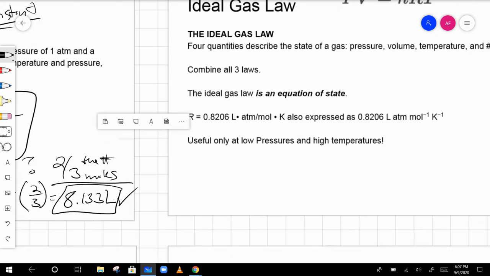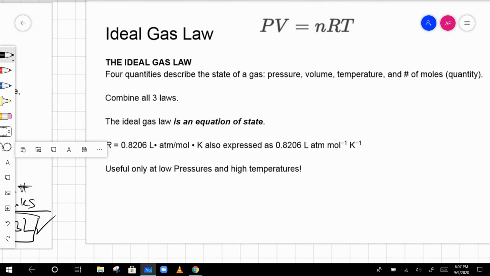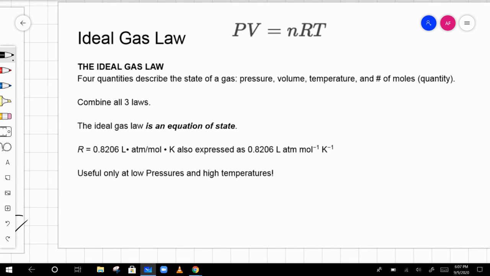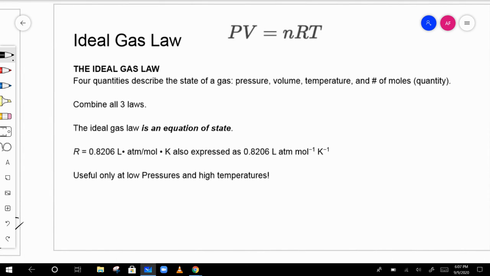Yeah. Okay, the last law here. The last law is the ideal gas law. Oh, not that last law. We have a couple more. Ideal gas law combines all three and incorporates the number of moles. Okay. In this case, pressure must be in atm. Volume must be in liters. R is 0.0821.